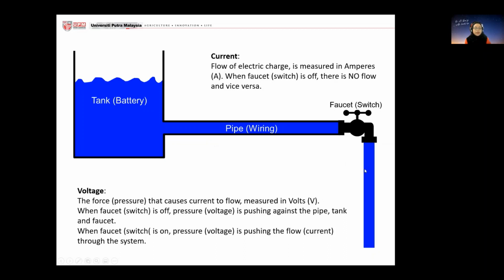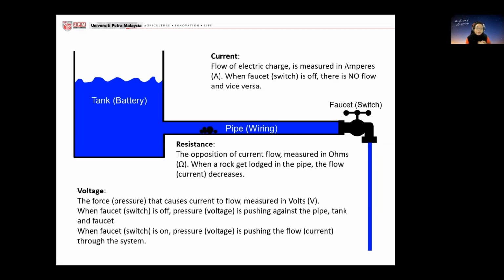So imagine from there to here, the flow is going to decrease because of the resistance. If along the way in electricity there is resistance, you're going to have a much lower current than you expected.